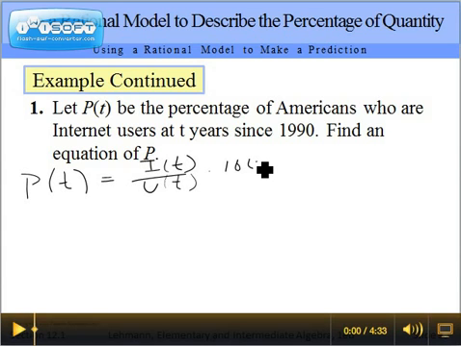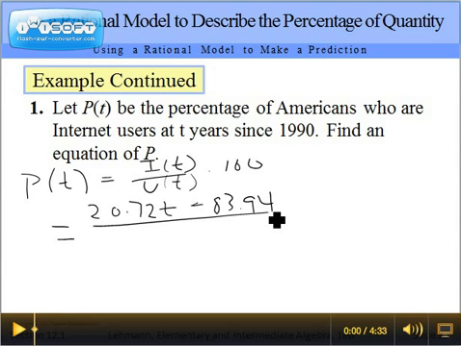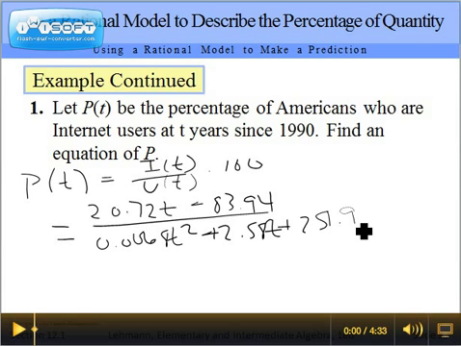So P of t is equal to 20.72t minus 83.94 all over 0.0068t squared plus 2.58t plus 251.9, times 100.